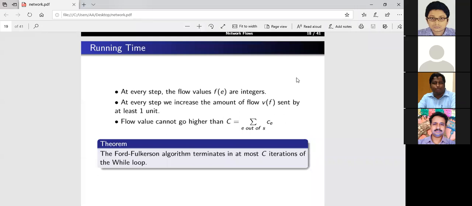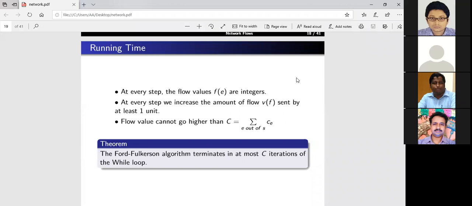If that LCM is L, you multiply everything by L, and whatever value you finally get, you divide by L to get the final solution. So if the capacities are all rationals, you can transform the problem into one involving integers. Since the integer problem can be solved, the rational problem can also be solved, and you have an upper bound on the number of steps the Ford-Fulkerson method takes to converge.